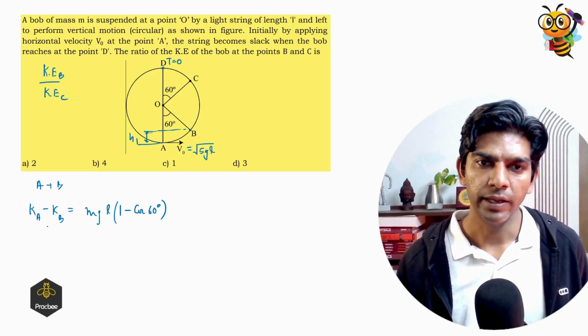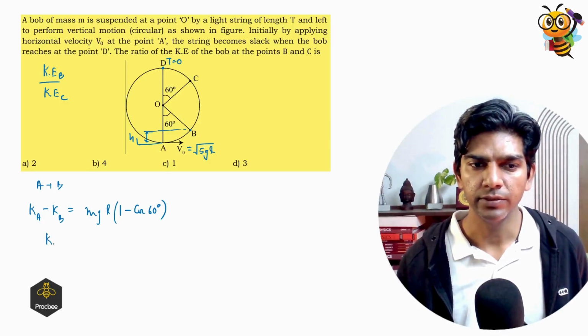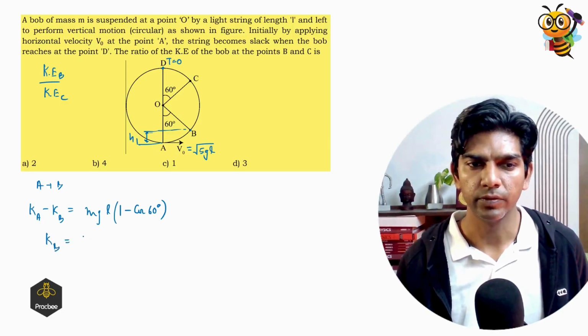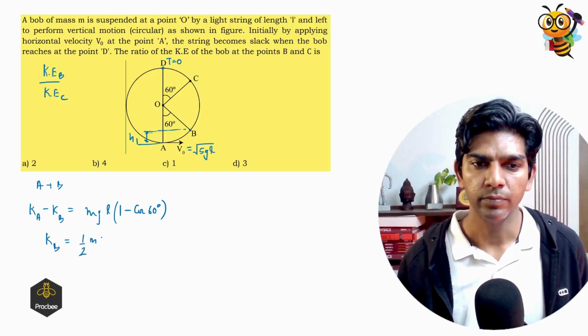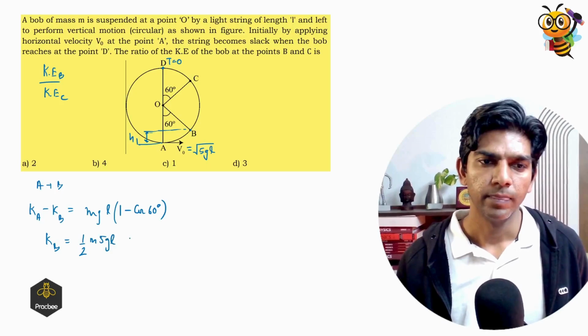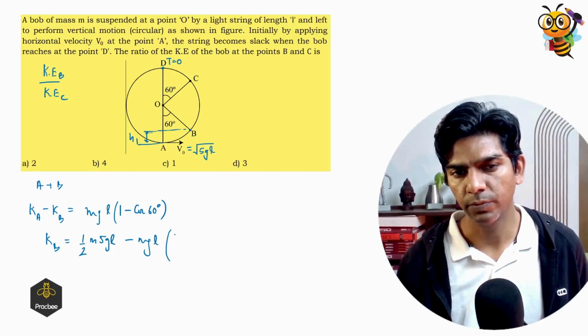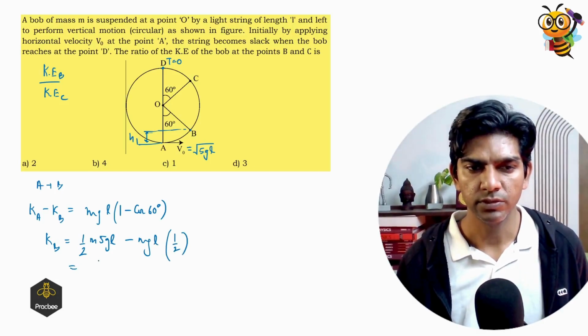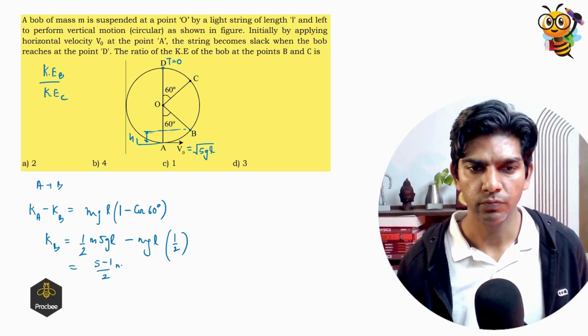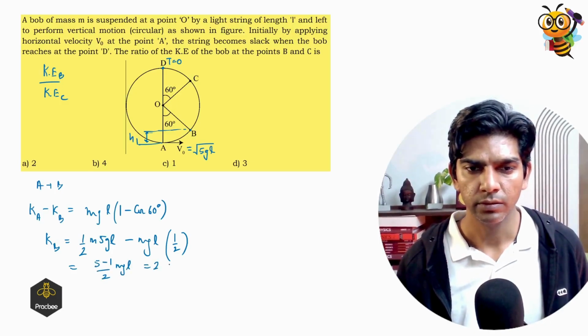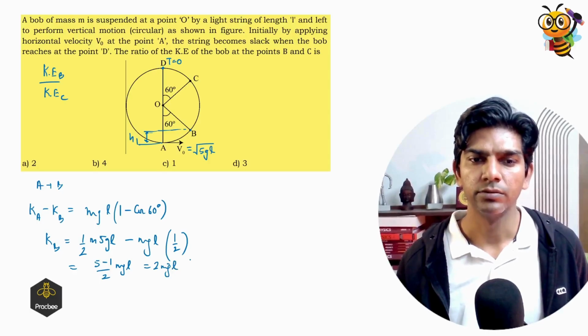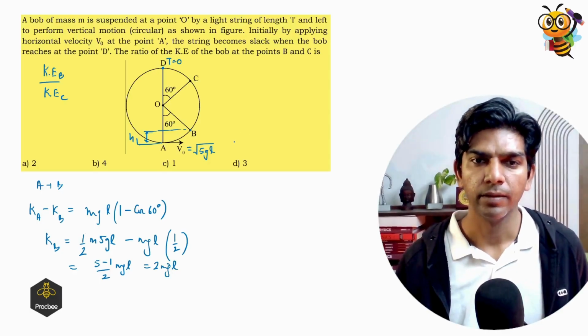So kinetic energy at A will be half m 5gl minus mgl times (1 minus cos 60, which is 1 by 2). This comes out to be (5 minus 1 by 2) mgl, which is 2 mgl. So we got the kinetic energy at B.